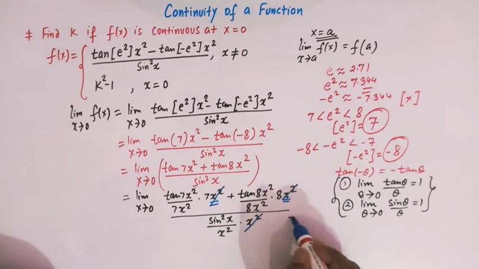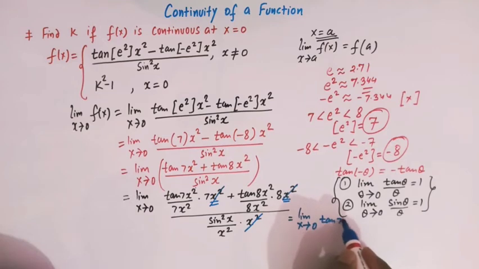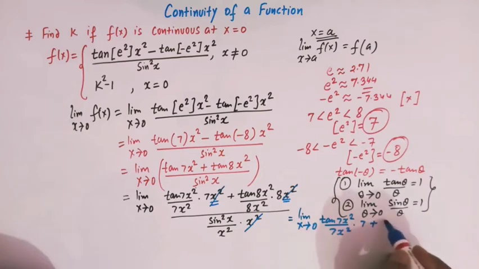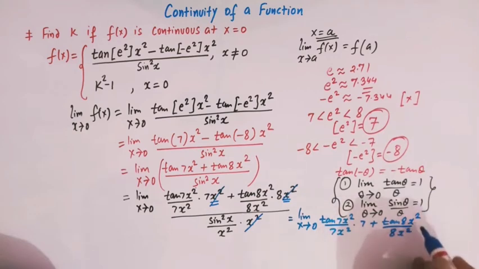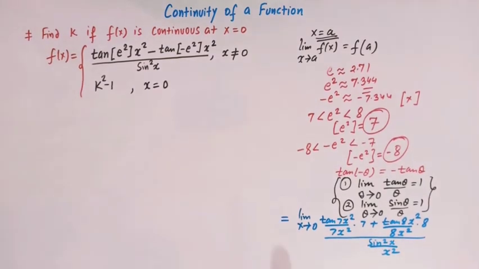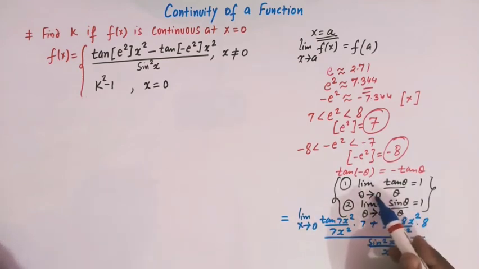So now we are left with the limit x tends to 0, and we have tan of 7x square over 7x square times 7 plus tan 8x square over 8x square, and here we have 8, and in the denominator we have sine square x over x square, right? So now if we look at this step, we see that now we can directly apply this result to this expression, and similarly this result to this one, right?